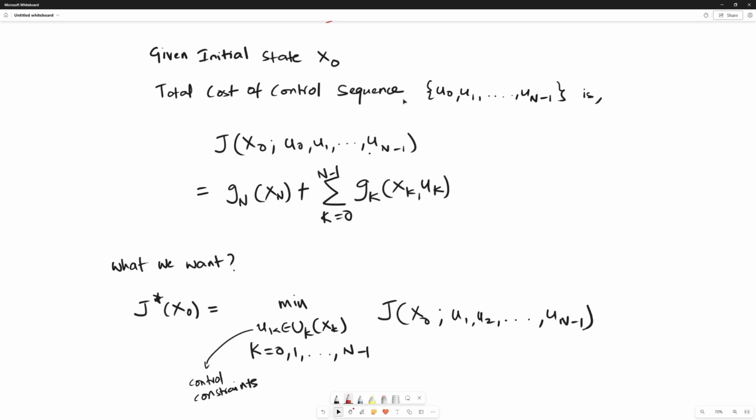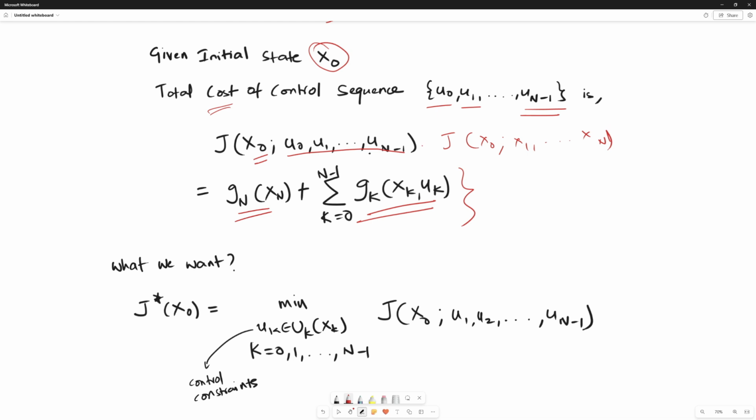So now, given initial state x0 and a set of controls u0, u1 to un minus 1, you can get the total cost of this control sequence, right? The total cost of this control sequence is the terminal cost plus the cost at each stage, right? This is a pretty simple equation. Now remember that I could also have written this equation as J of x0, x1, so on, xn, correct?